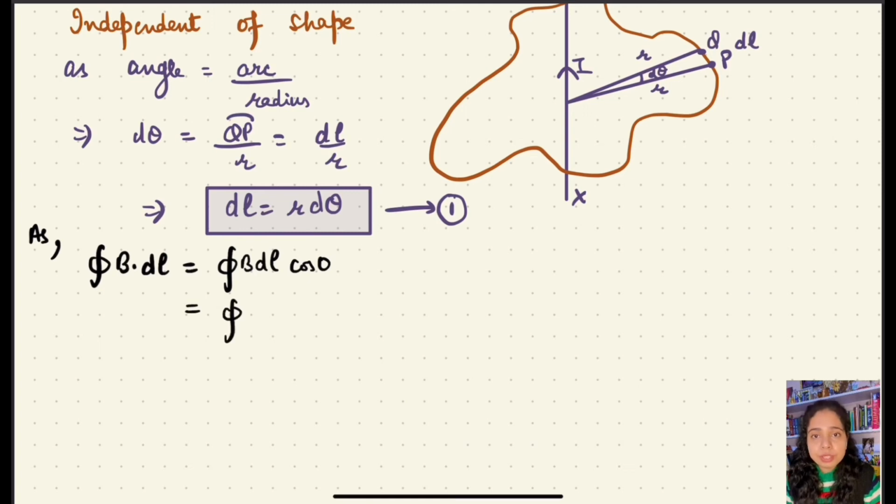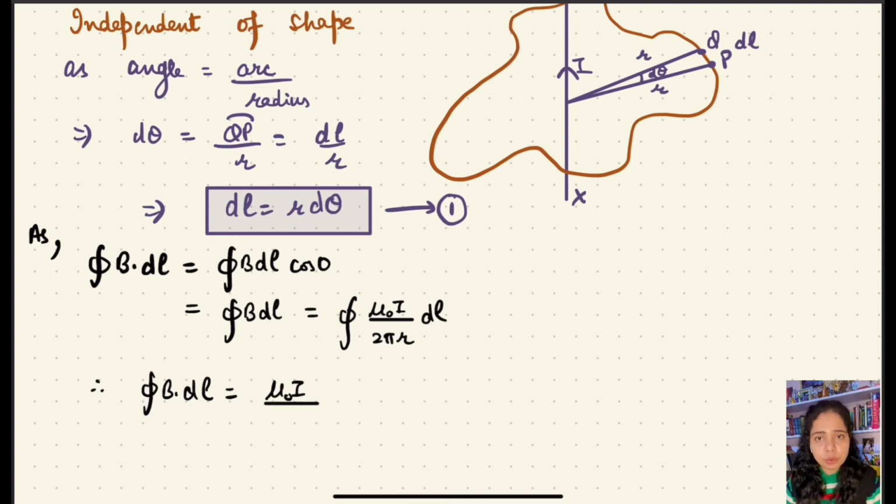Now we know that B is equal to mu naught I upon 2 pi r for the straight current carrying conductor. Therefore, we substitute the value once again: closed integral mu naught I upon 2 pi r dl. Taking mu naught I and 2 pi r out of the integral, we are left with closed integral B dot dl is equal to mu naught I upon 2 pi r closed integral of dl.